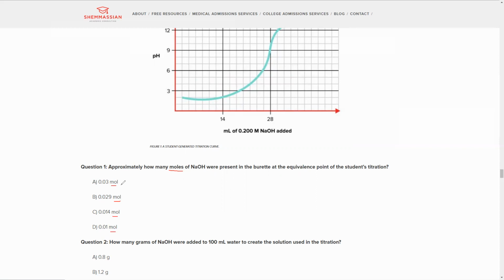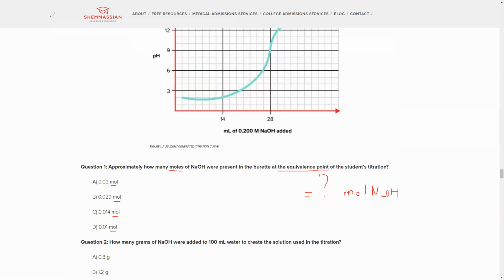So I need to set up my equation such that mole is the last unit standing. Moles of what? Moles of NaOH. But what have I been given? Present in the burette at the equivalence point.